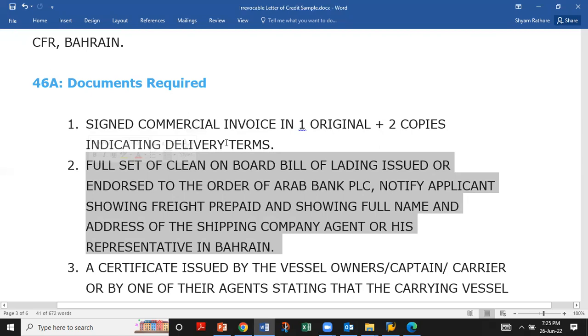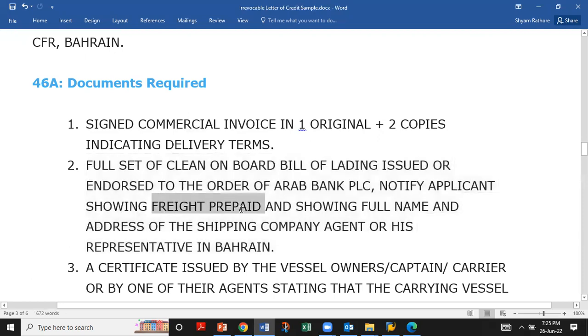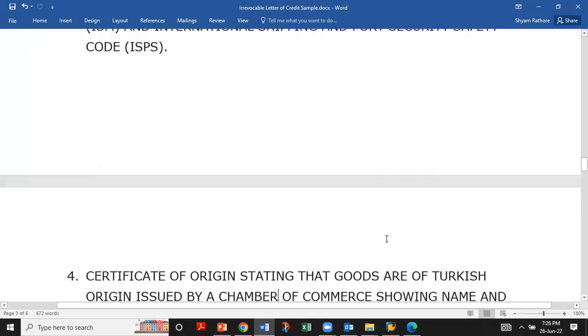Notify applicant means the importer is the one to be notified. We also need to mention freight prepaid, meaning freight is already paid by the supplier, and show the full name and address of the company and its representative's name, who will place the order.